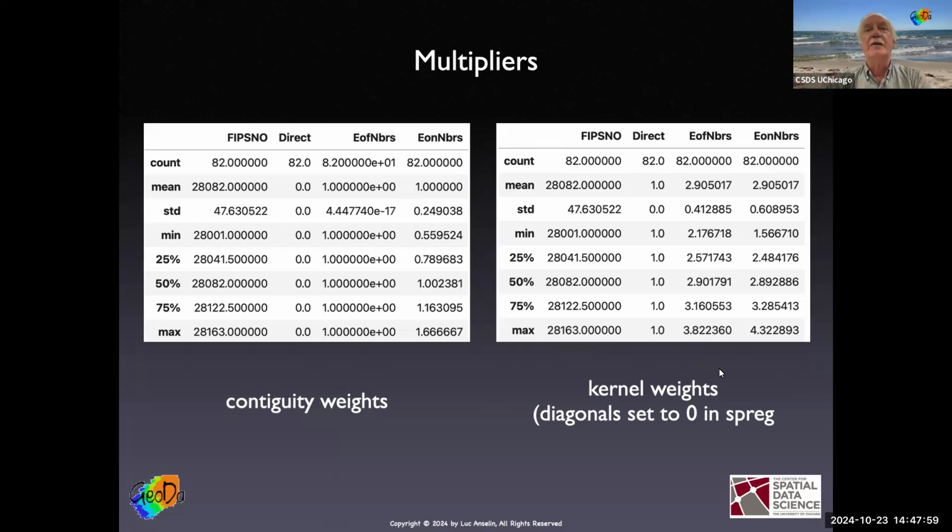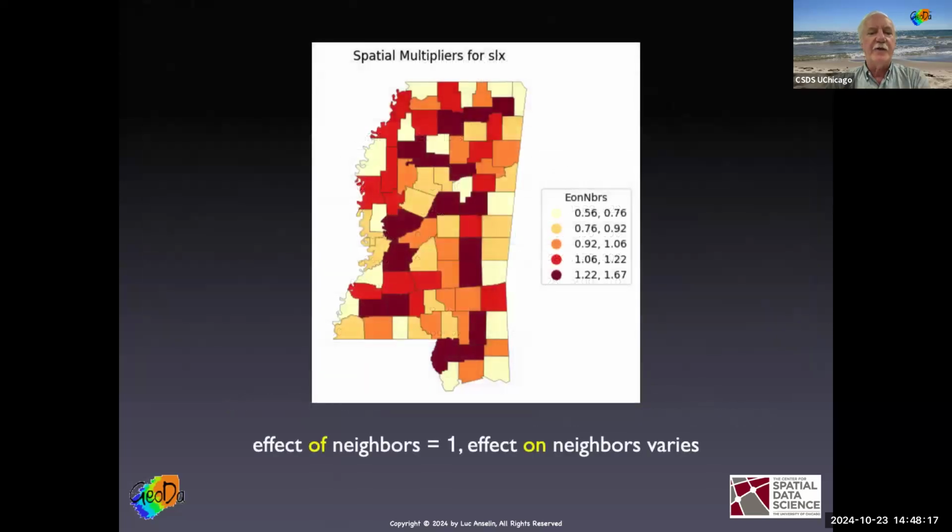If we have kernel weights, ignore this one here, then again, the averages are the same, but they're more than one for this particular kernel function. And both the row structure and the column structure are different. And then we can map this for the simple SLX model. The effect of the neighbors, as we saw, is 1, so that's not a useful map.